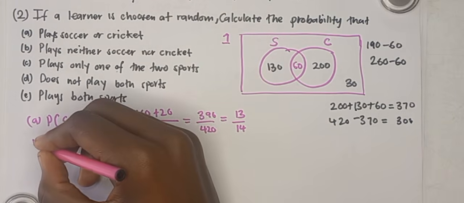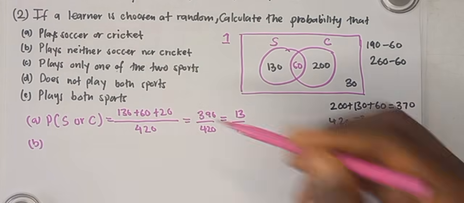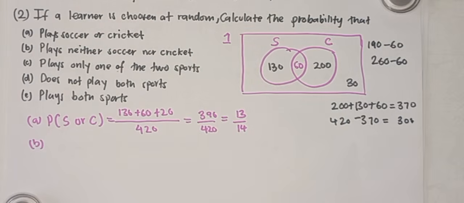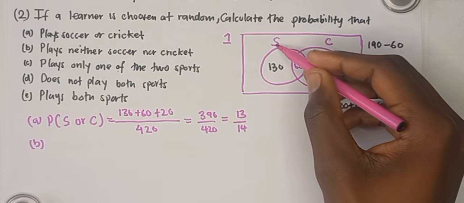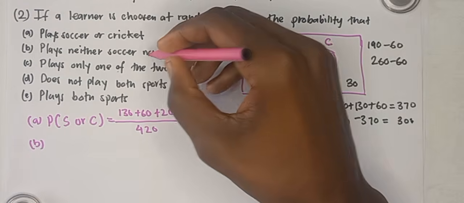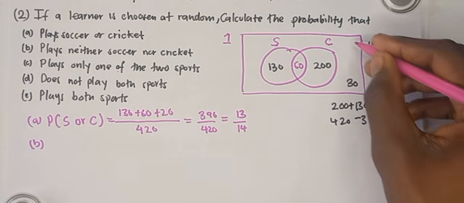Going to letter B, they want the probability of the learner playing neither soccer nor cricket. When we talk about neither, we talk about the ones who do not play soccer or cricket or both. Where do we find those people? We find them outside the circles but inside the rectangle.